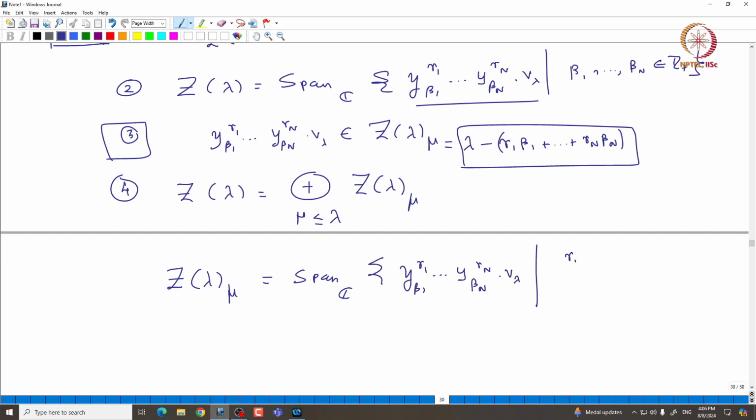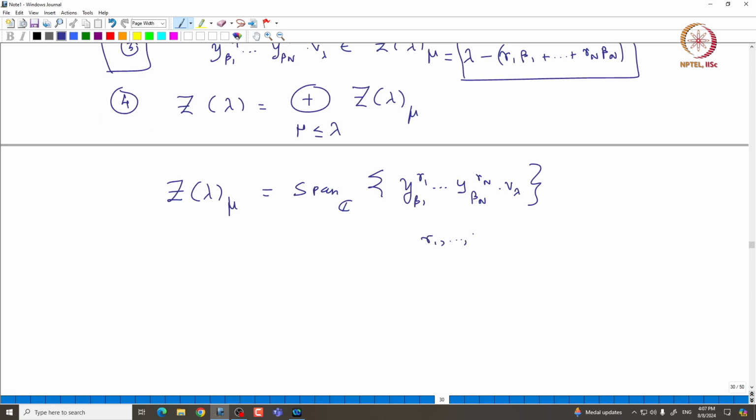Now these tuples should have a constraint: R1 etc. Rn must satisfy μ equal to λ minus R1 β1 plus etc. plus Rn βn.